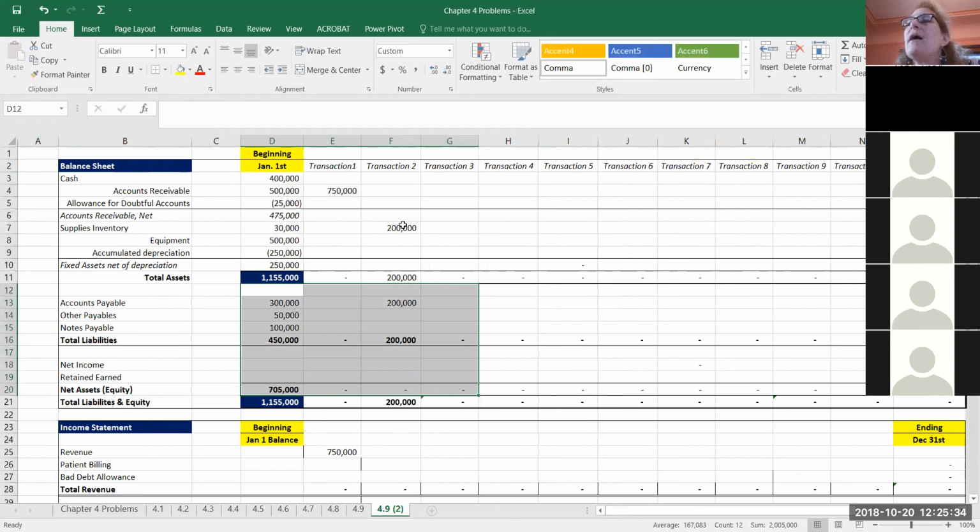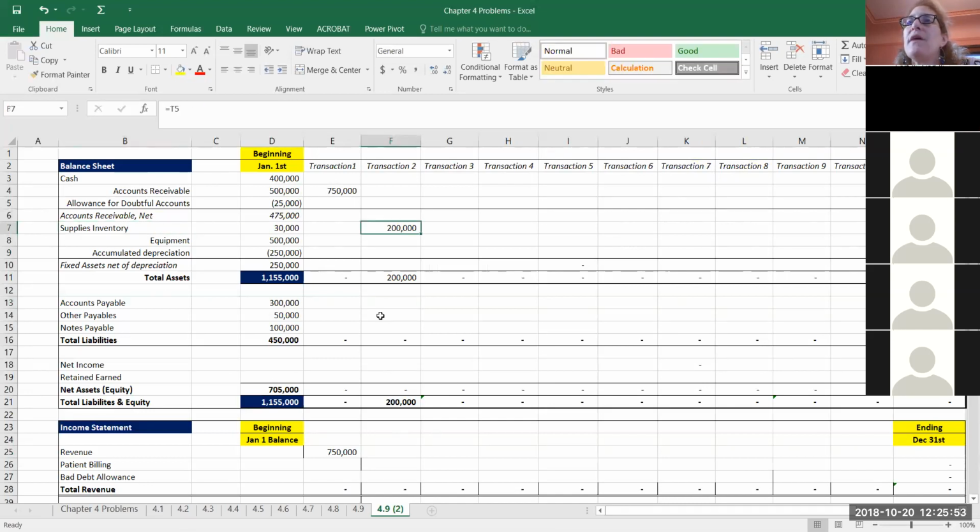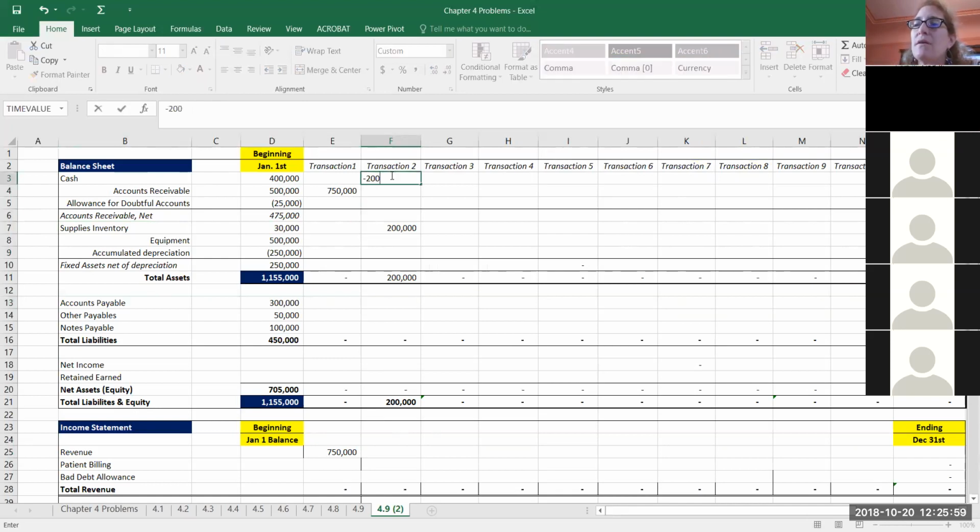So quick question. If we had paid cash instead of credit, would that $200,000, instead of going to accounts payable, come out of the cash? Exactly. Let's do that quickly just so we can show that. So let's say that we paid cash. We would still have the $200,000 in inventory, but we would have a reduction in cash because we paid for it in cash, right?